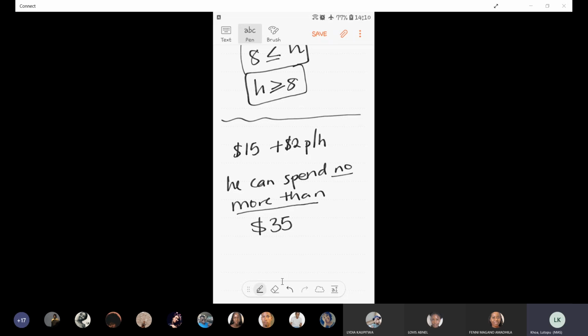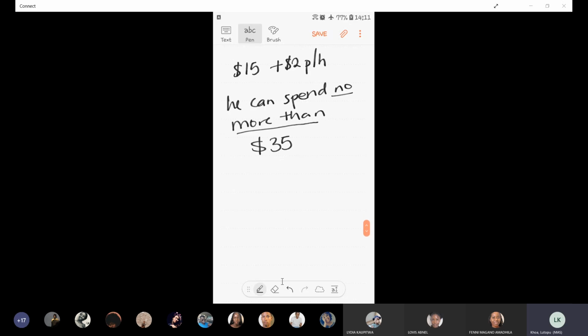So that means $35 is the maximum amount of money that he has to pay the rental company. So his charges for renting the chainsaw cannot exceed $35. So he has to make sure, however long he uses the chainsaw, when the company tallies up how much he owes them, it should not be more than $35. So no more than 35 means $35 going down.